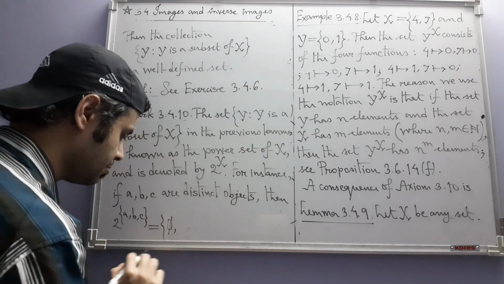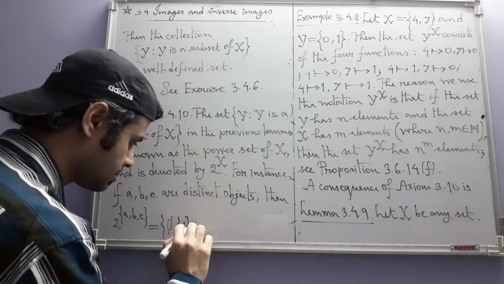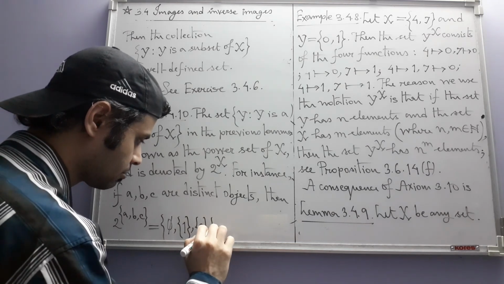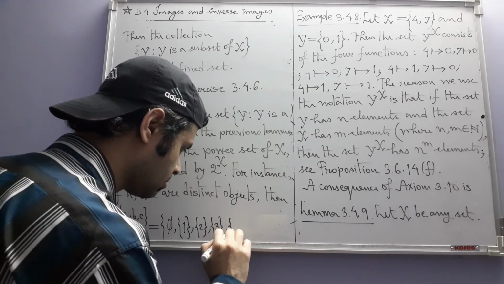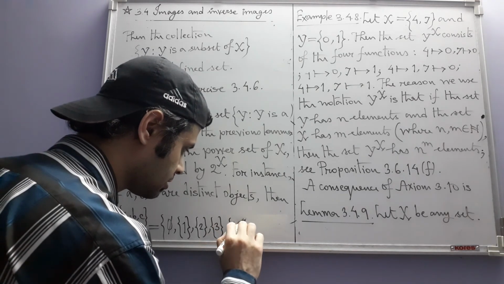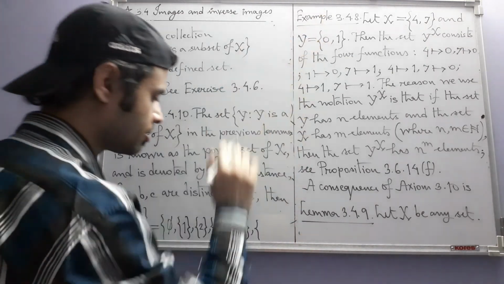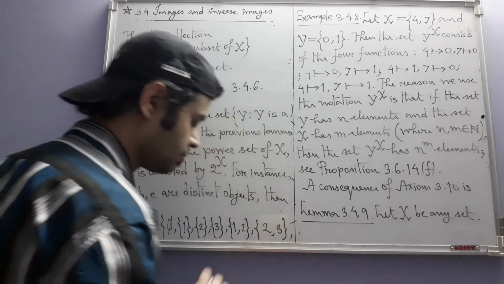First of all, the empty set, then the singleton subsets, then the sets consisting of two elements.